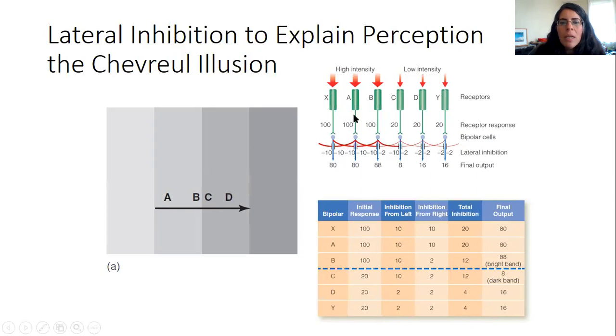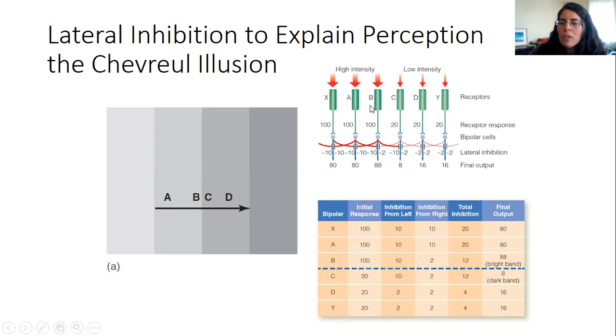Cell B is receiving 10 units of inhibitory messages from cell A, but it's only receiving 2 units of inhibitory energy from its neighbor, because its neighbor is receiving a lower intensity light, right? Its neighbor only has 20 units of energy to send as opposed to 100 units of input to send.